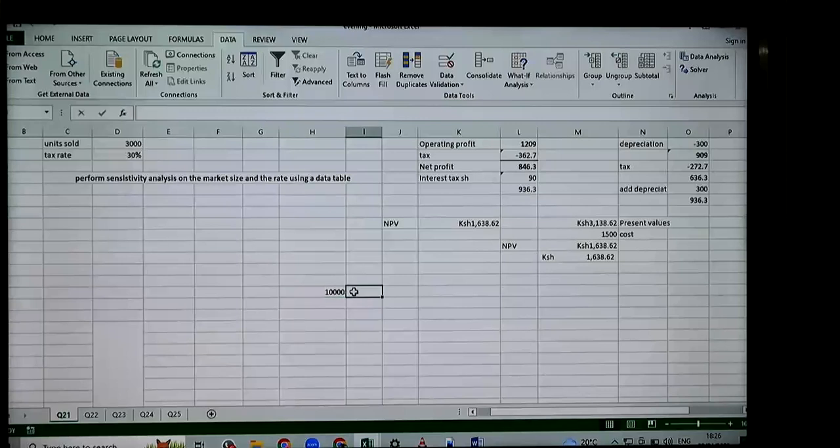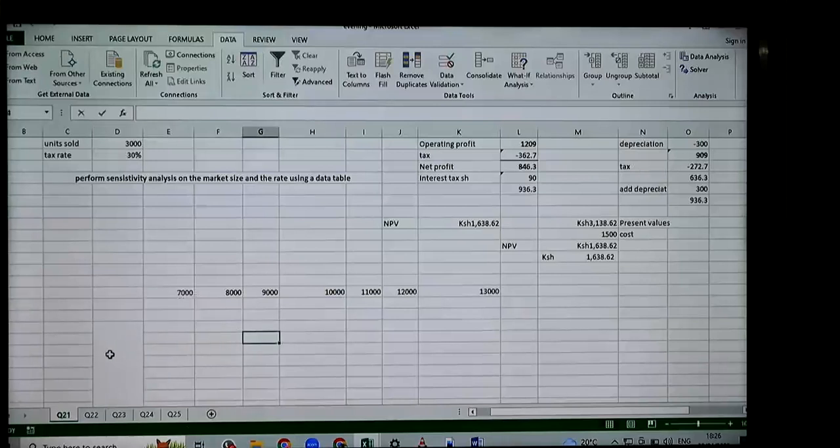So our sensitivity, we are measuring it at 1,000 interval, and the interval doesn't matter. So that one will be 11 up to 13. Then it would be this one here equals the 10,000 minus 1,000. Then I'll drag to add more columns at least up to there.